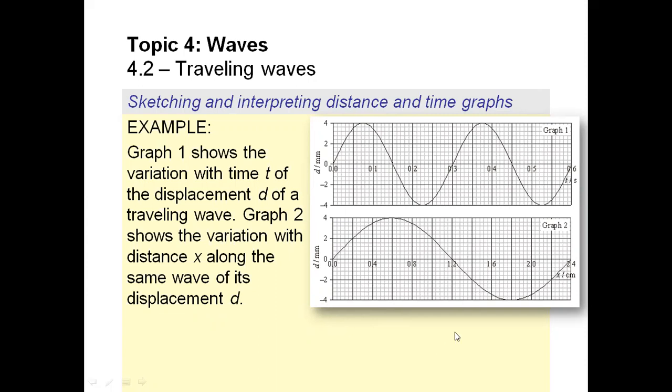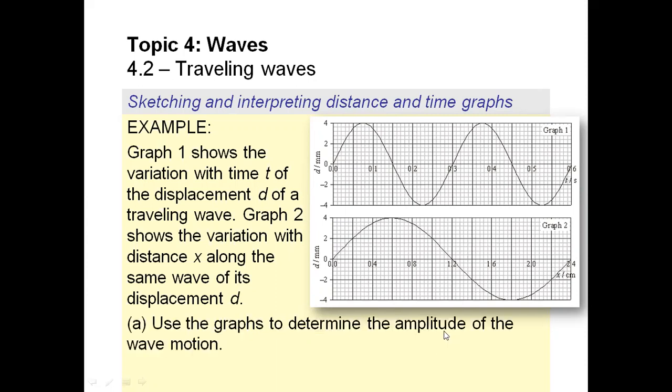So let's look at the questions. First question, use the graphs to determine the amplitude of the wave motion. So the first one is very, very easy. To get amplitude, we can use either of the graphs. Both of them are going to give us the amplitude. And we said that amplitude is the maximum displacement from equilibrium position.